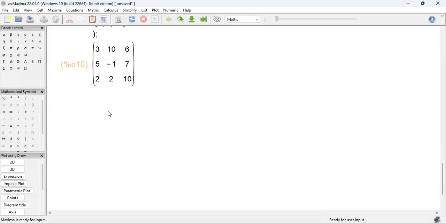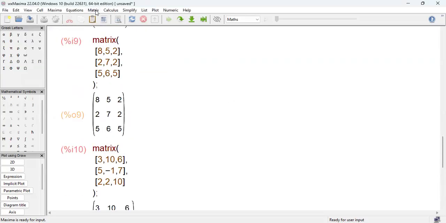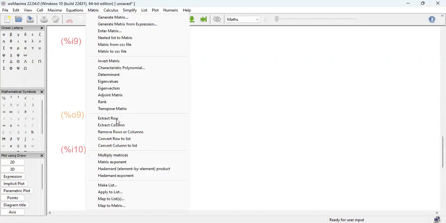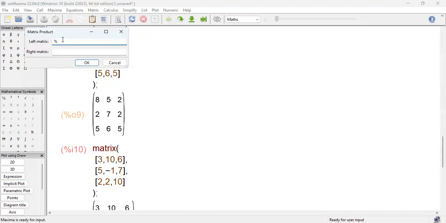Okay, so that's input 10. So let's see what happens. So we multiply the matrices, that was input 9 by input 10.